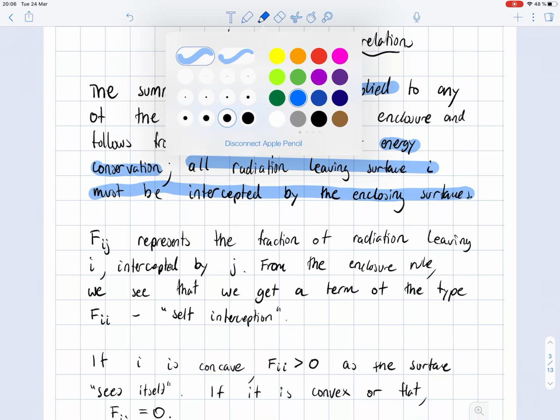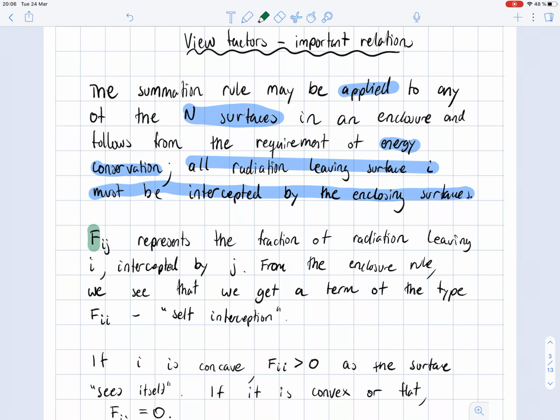Another interpretation of the view factor, Fij, is that it represents the fraction of radiation leaving i intercepted by j. This is equivalent to our first definition that we introduced already.